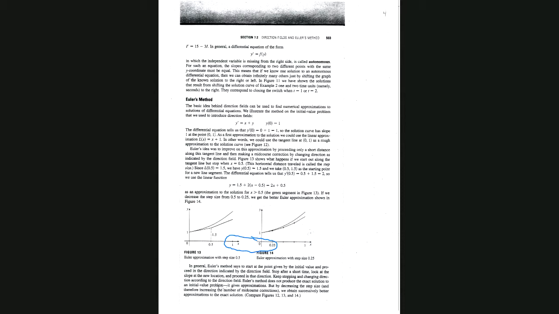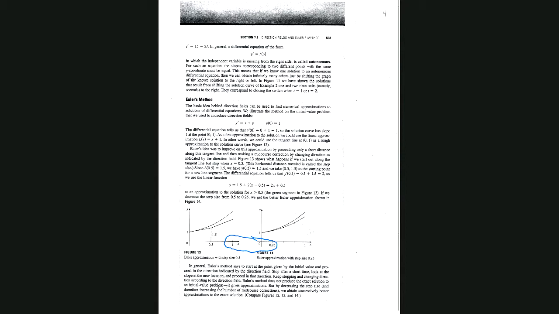Okay, so again, now we have another line segment, y equals 2x plus 0.5, and that's drawn in yellow here. And so this portion of the solution from 0.5 to 1, we can approximate with this line segment. This is called stepping out along the direction field.